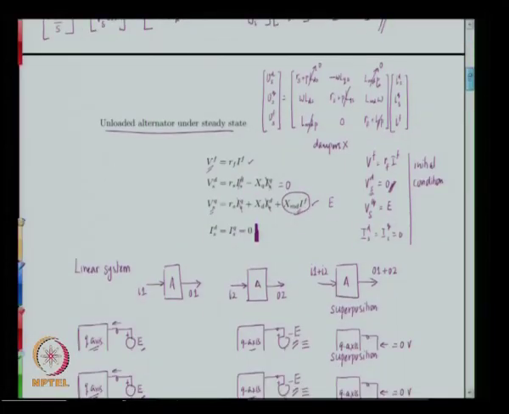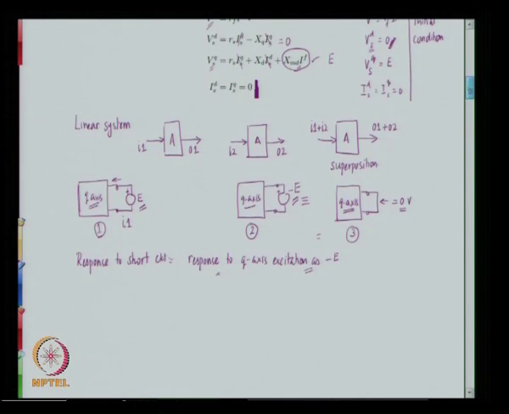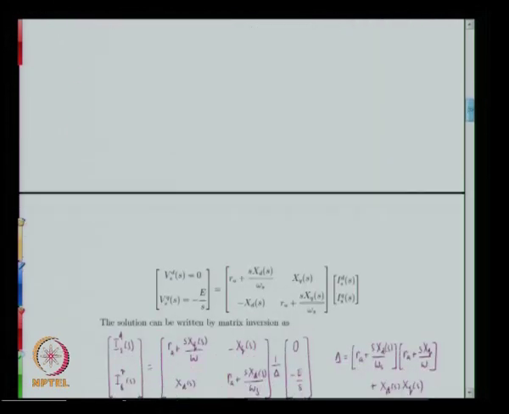individual input and then summing up the total response. We used that approach to determine the short circuit current for this unloaded alternator, and we came across the result that one can assess the behavior by looking at the system energized with VDS equal to 0 and VQS equal to minus E by S. Together, when this response is added to the open circuit response, the net Vd and Vq become 0 and 0.